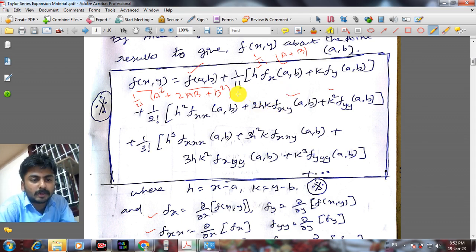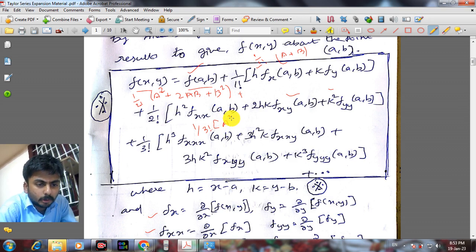What will be the next term? The next term is given by 1 divided by 3 factorial, and then we have A plus B whole cube. What is the expansion for A plus B whole cube?